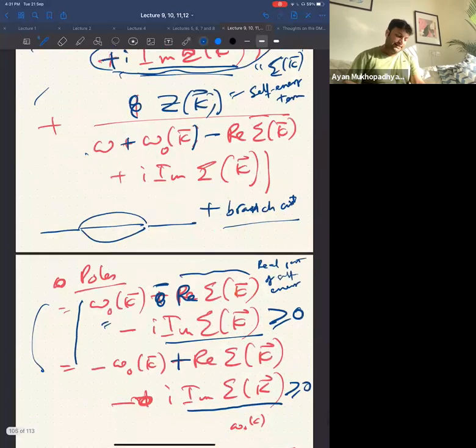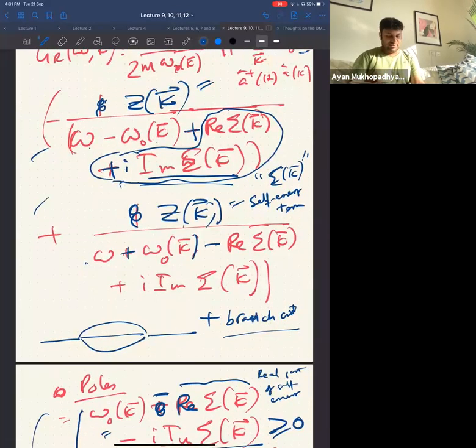But as long as it doesn't vanish, you have the notion of quasi-particles in the system. We will come back to this later in the context of Fermi liquids, which we can include in the course at a later stage. But for the moment, this is all I want to say about the general structure of the retarded propagator. So I make a big jump now from this, but at least you have an intuitive feel why it can happen, right?